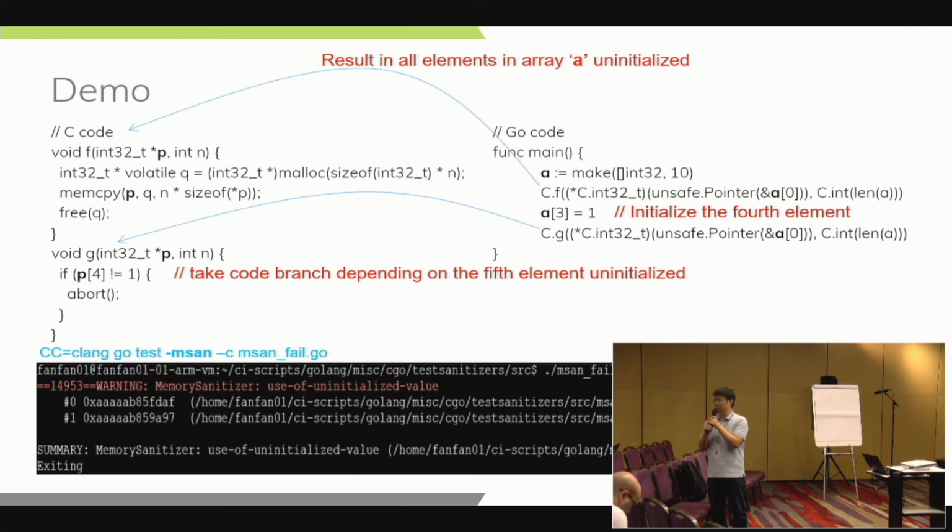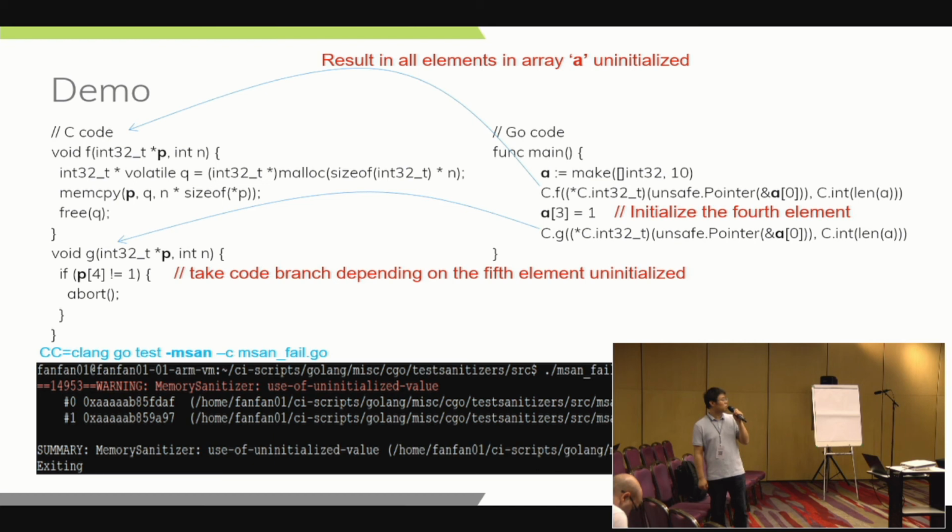So if you do not call the C functions, MSan won't accuse anything, right? It's only because you're calling C functions that MSan is able to see uninitialized memory. That's correct.